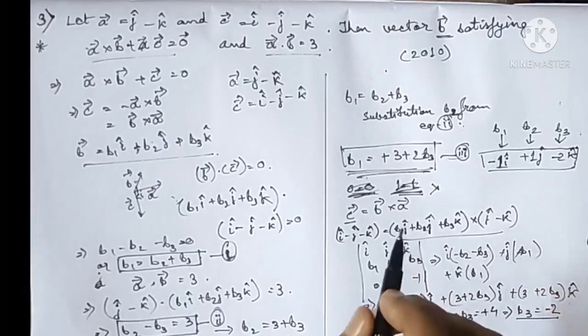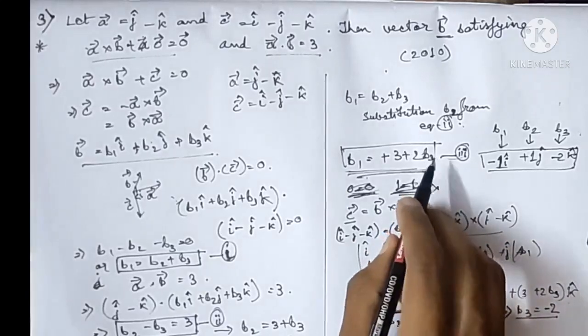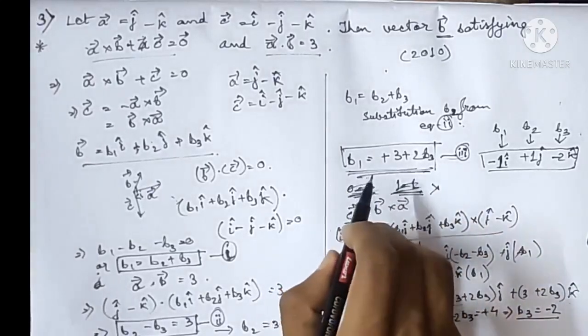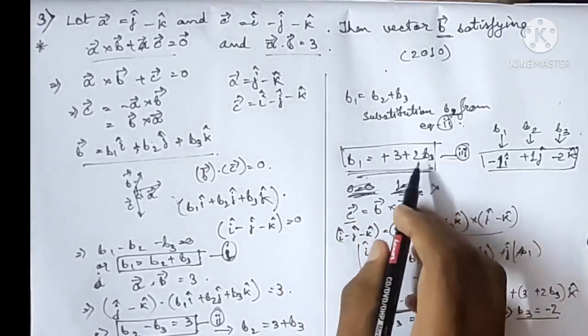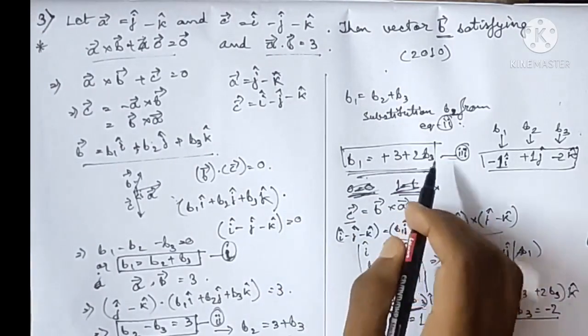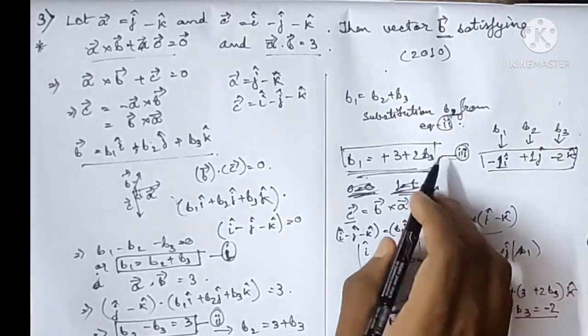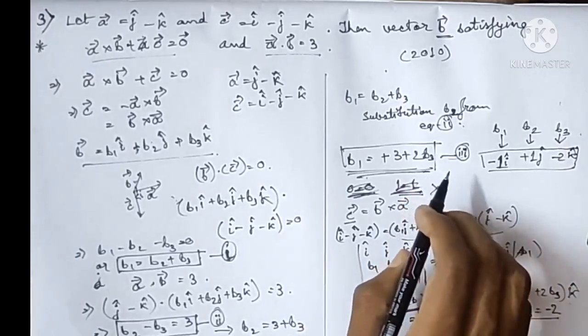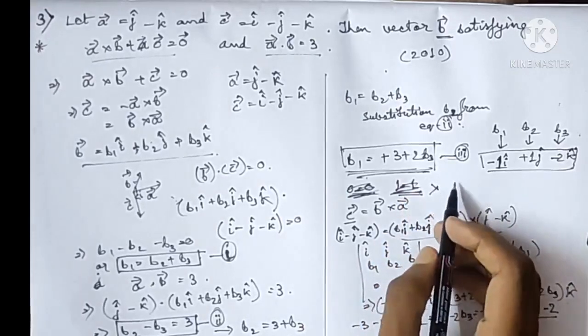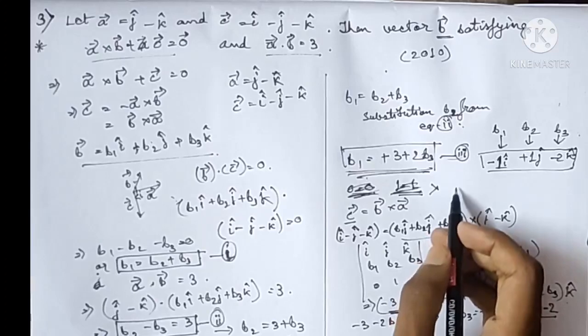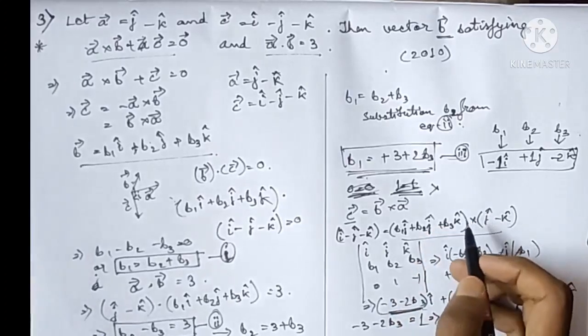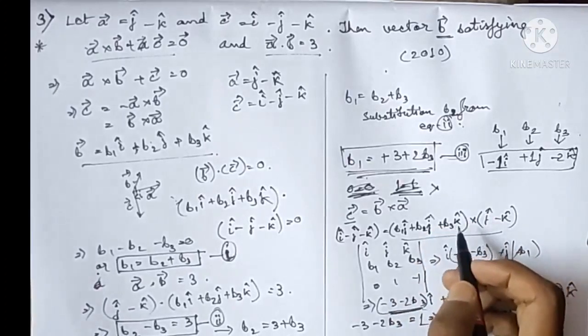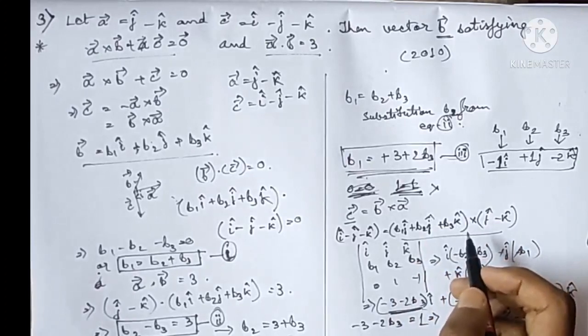But if we put any value of b3 here, let's suppose we take it as minus 1, maybe we are just doing a hit and trial method, but that is not quite feasible here.